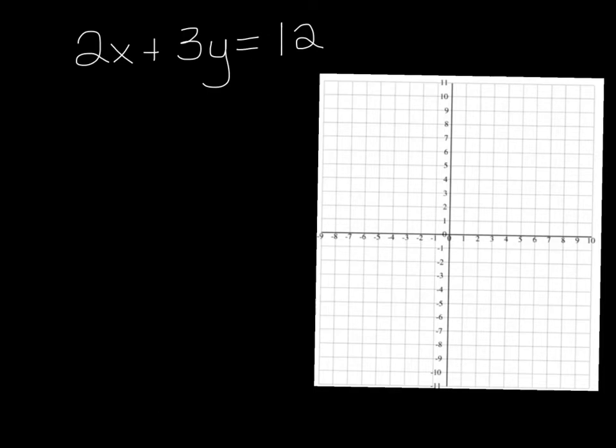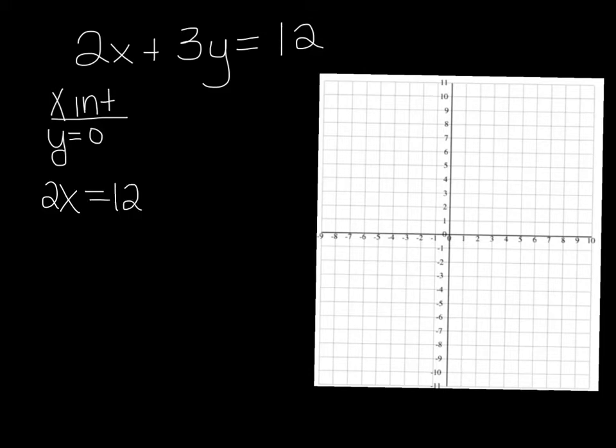Okay, so when we find the x-intercept, remember y is going to equal 0. Well, let's think about that for a second. If y equals 0, that means I'm going to plug 0 in for y, and I'm going to multiply that by 3. Well, what happens when I multiply 3 times 0? It's going to basically cancel this part out. So really, all I'm going to be left with is just 2x is equal to 12.